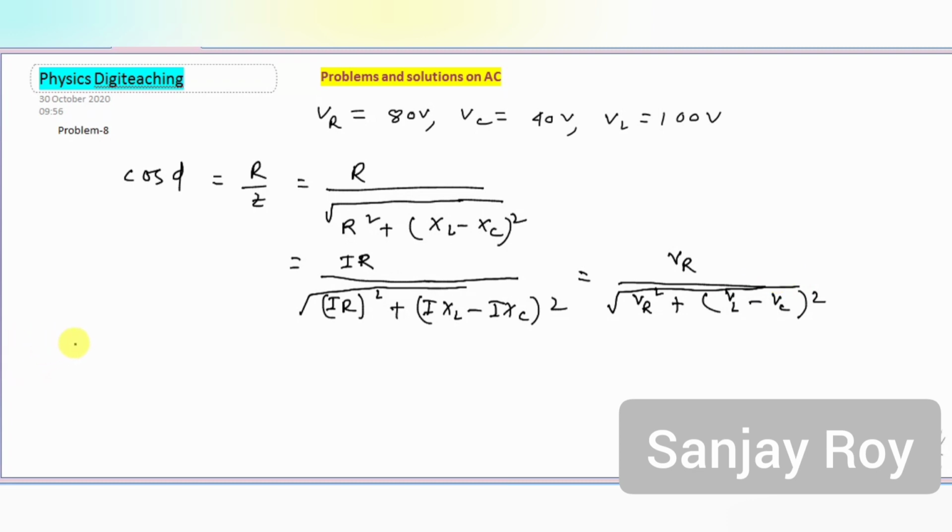Therefore cos phi equals the voltage across resistance VR, 80, over the root of 80 square plus VL, 100, minus VC, 40, whole square.